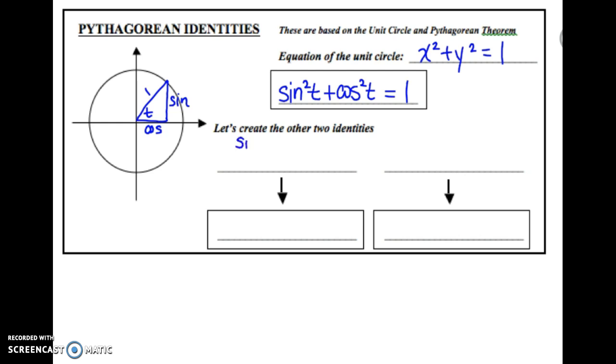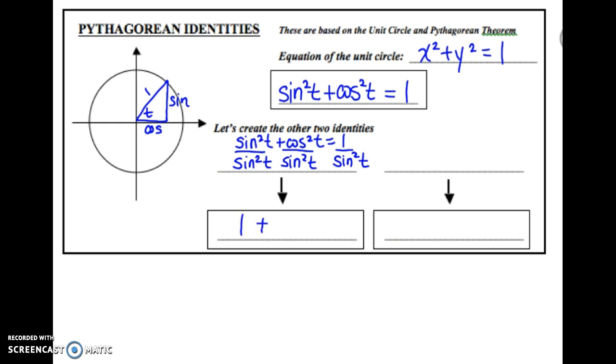So if you start with sine squared t plus cosine squared t equals 1, and you divide every term on both sides of the equal sign by sine squared t, and you simplify, sine squared t divided by sine squared t gives you 1.